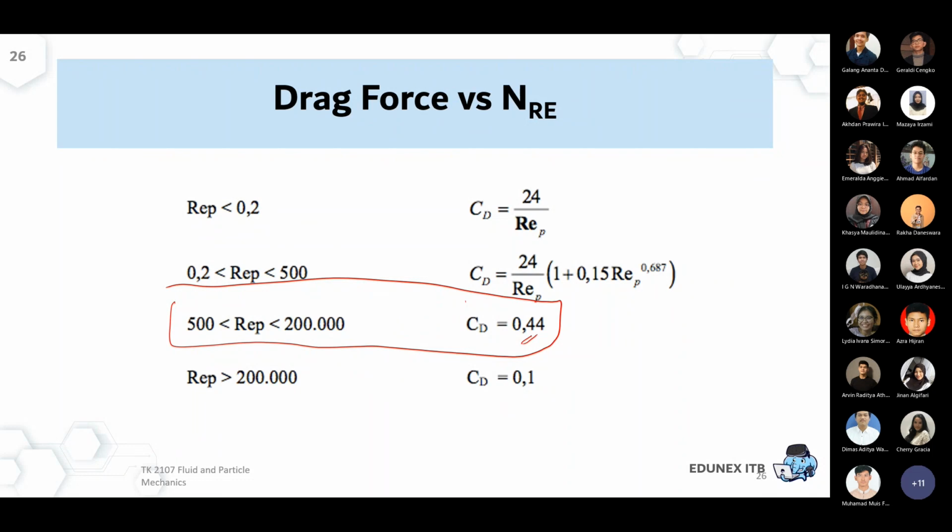But if you confirm that the UT is not correct and the Reynolds is actually lower than 0.2, this is the laminar regime in particle presence. Then you reiterate with a second step of the calculation. Now, instead of using CD as 0.44, you put directly 24 per REP.